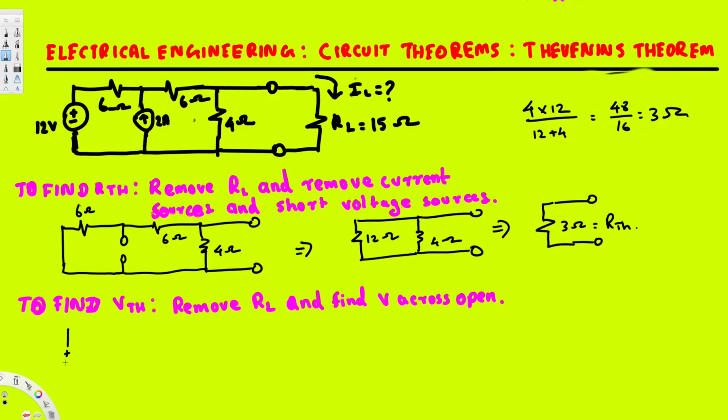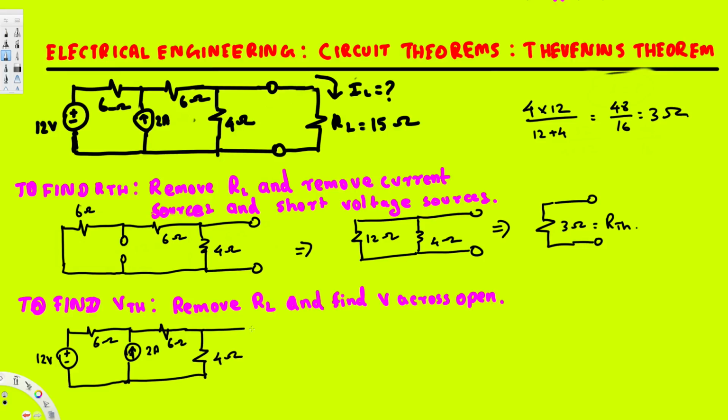This is going to be a 12 volt source, and then the 6 ohm is here, and we have this 2 ampere current source here, and we have this 6 ohm resistance here, and also we have 4 ohm resistance right here. We remove the load resistance, so it's going to look like this.